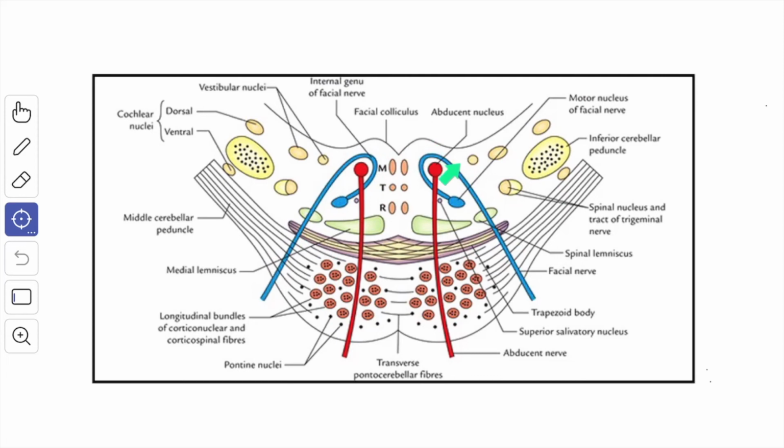They then course ventrolaterally between the nucleus of their origin and the nucleus of the spinal tract of the trigeminal nerve, and emerge through the pontomedullary junction on the ventral aspect of the brainstem, lateral to the emergence of the abducens nerve.